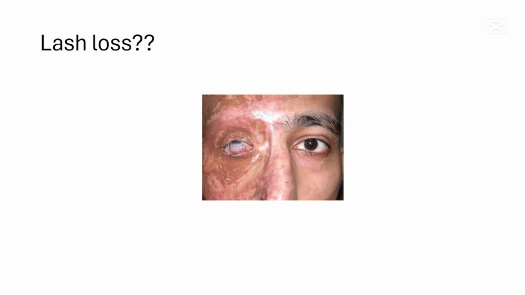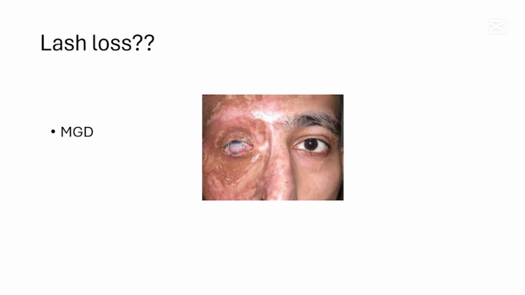So what does lash loss indicate? It indicates there is a deep burn. Lash loss in lid malignancies is not a good sign, and like that, this also indicates a deep burn. And also the margin is not intact, and you have meibomian gland deficiency.